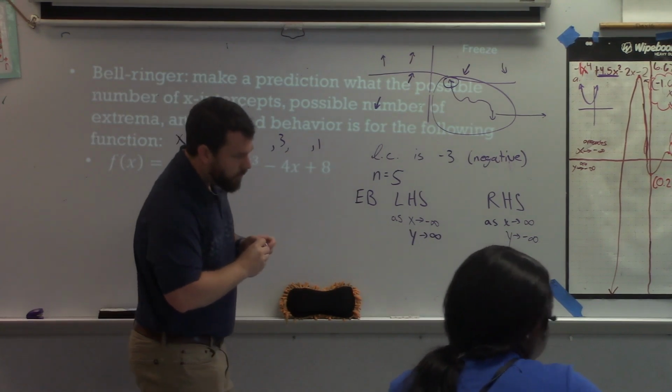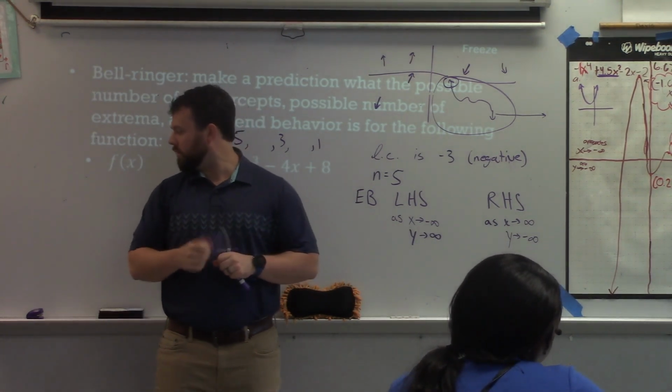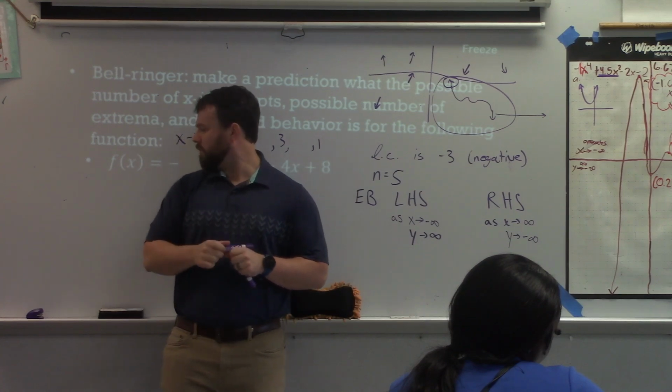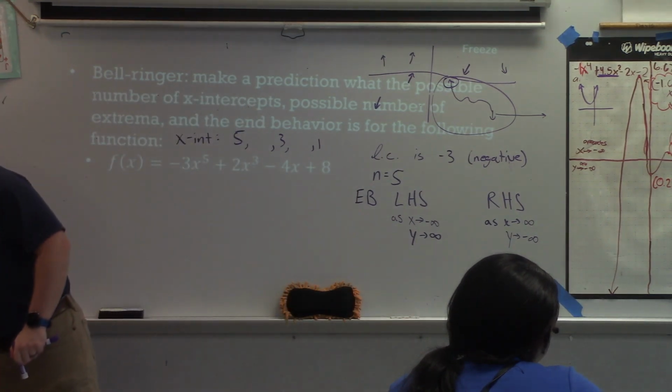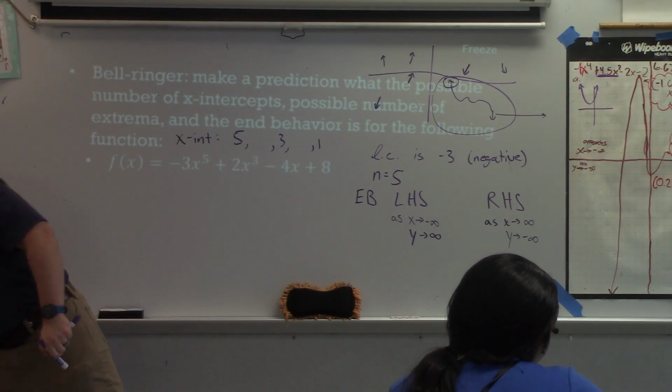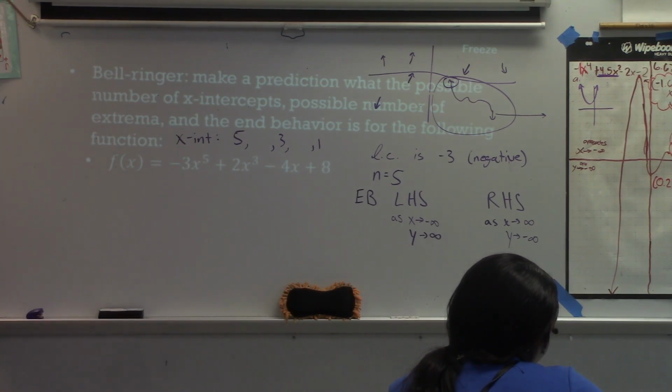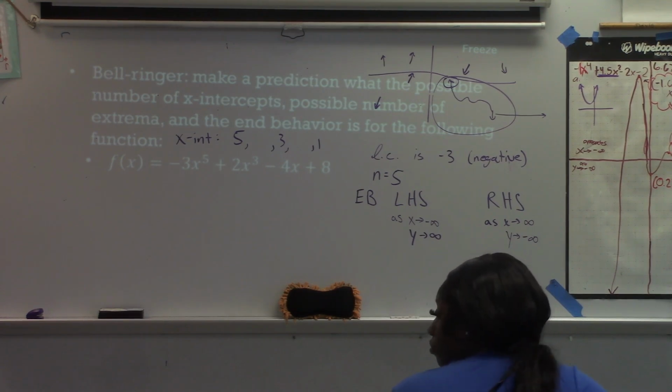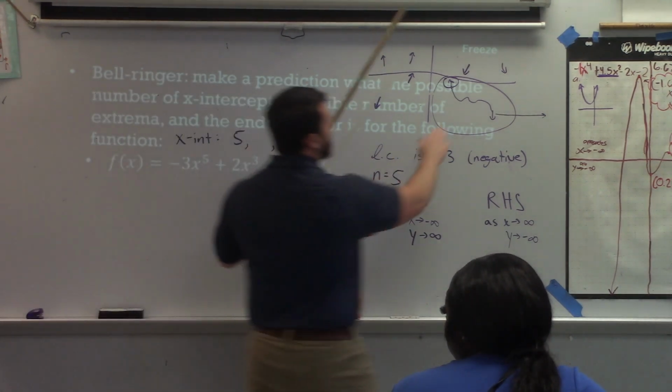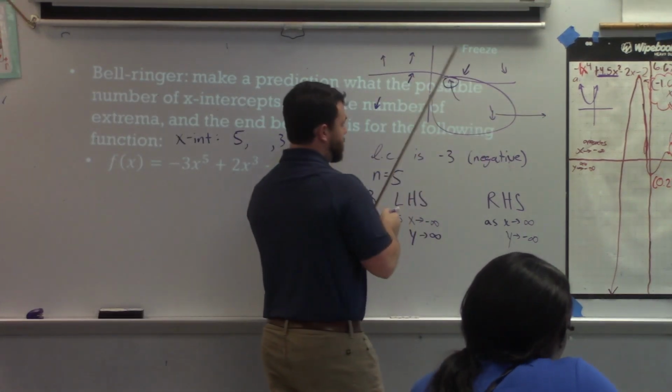I wish I knew where my large ruler was, my yardstick. Oh, there it is. Why did someone put it over here? I'm going to let this become my x-axis. All right? If this is my x-axis, I'm going to make this more exaggerated in here.